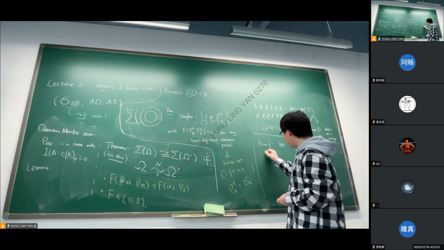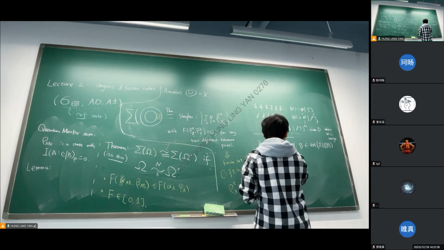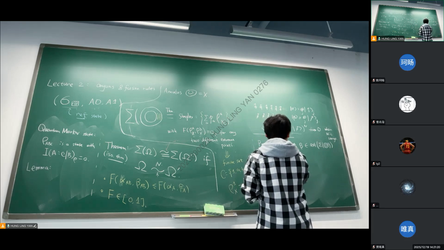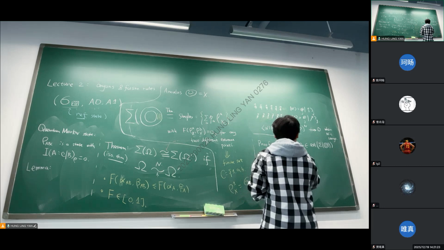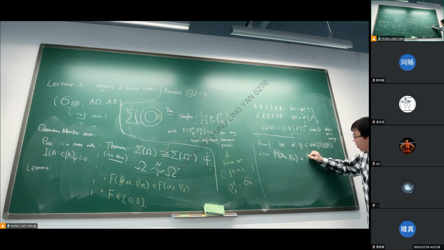By the isomorphism theorem, the fidelity between alpha and beta is the same as the fidelity between alpha on x tilde and beta on x tilde, if we can deform x to x tilde. For example, x tilde is L and R in the following way.